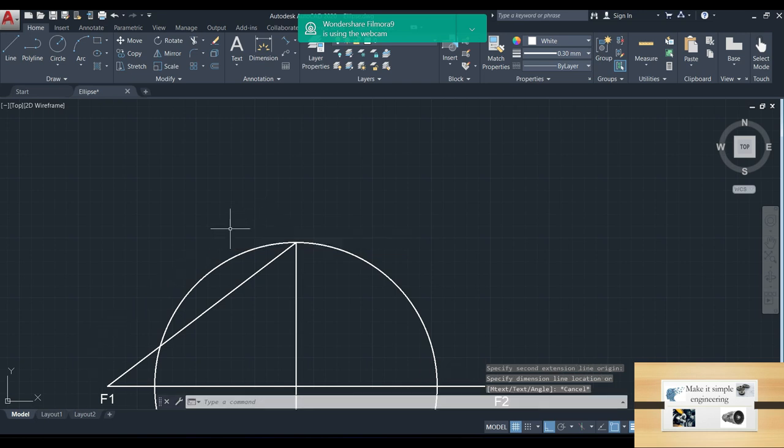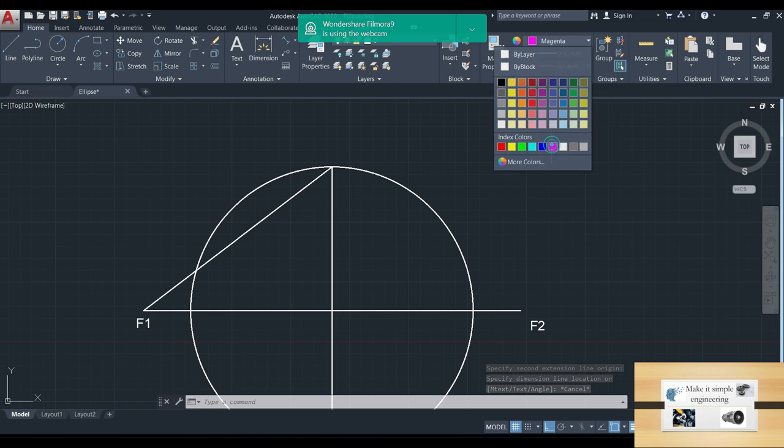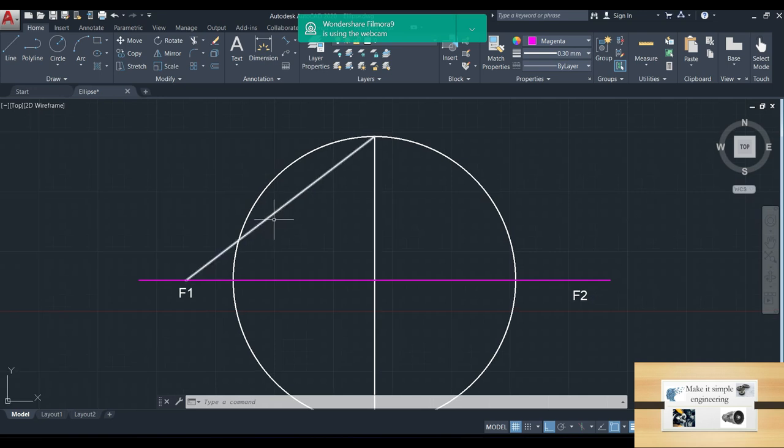So the same 50 mm distance we have to take from the center. Here this is the center, so we take the same 50 mm, so it will go beyond the focus, 50 mm on both sides. Then we will get 2 points here, this point and this point. These 2 points are the vertices of the ellipse.